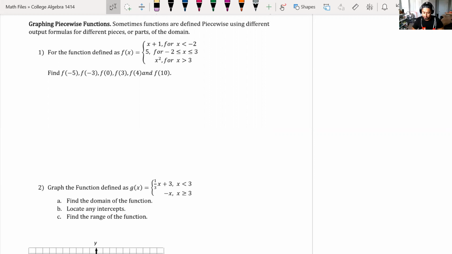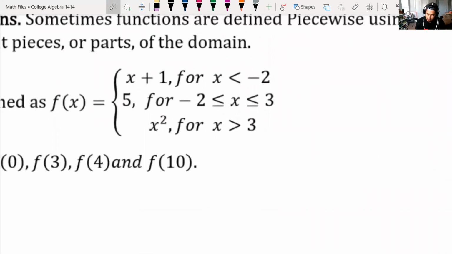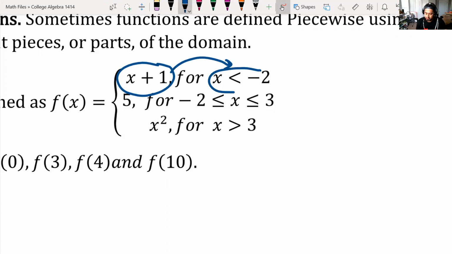Now, to read a piecewise function, we see that in order to be able to use the first part of the function, x plus 1, the only way to use this function is if we pick x values that are less than -2. That's the only way to use this function. So if there's an x value less than -2, then we are allowed to use x plus 1.